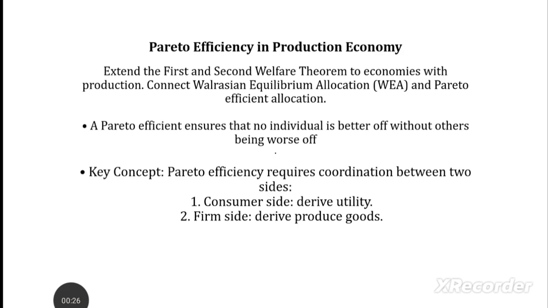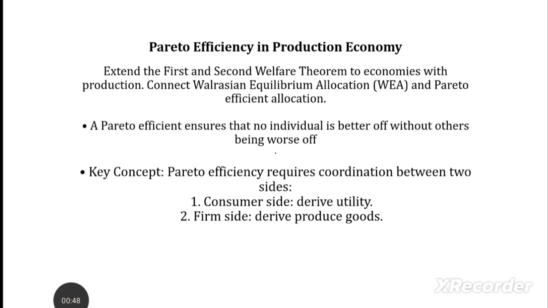In economics, efficiency plays a central role in understanding how resources can be allocated to maximize welfare. One of the most important notions of efficiency is Pareto efficiency. A Pareto efficient allocation ensures that no individual can be made better off without making others worse off.